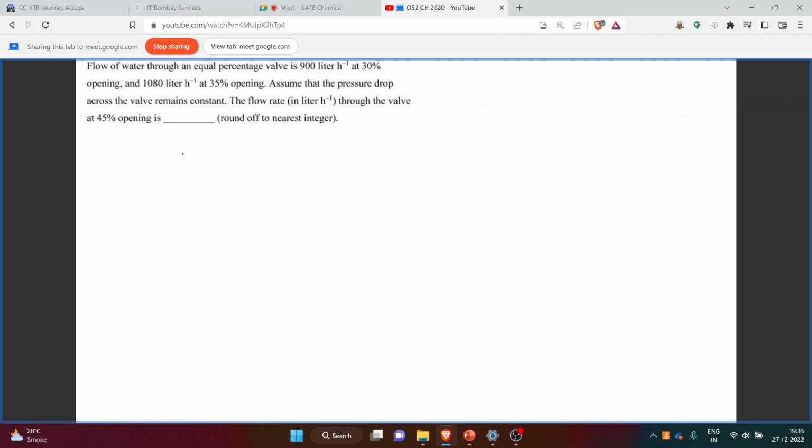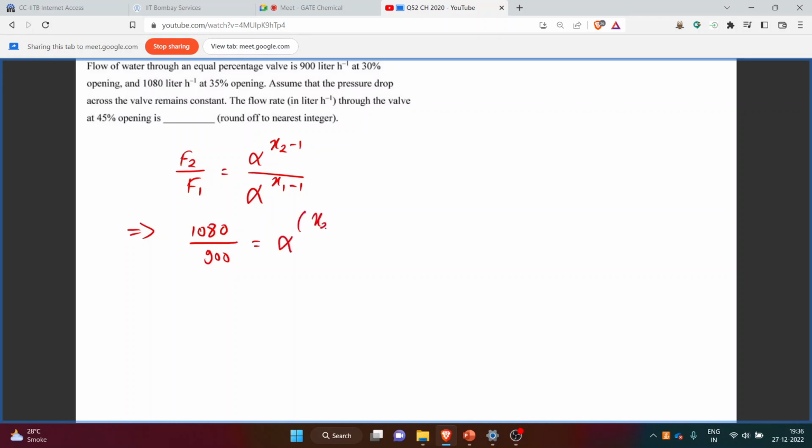If we write in terms of F2 and F1, we can write F2 upon F1 is equal to alpha raised to x2 minus 1 upon alpha raised to x1 minus 1. F2 we have been given as 1080 upon F1 is 900.